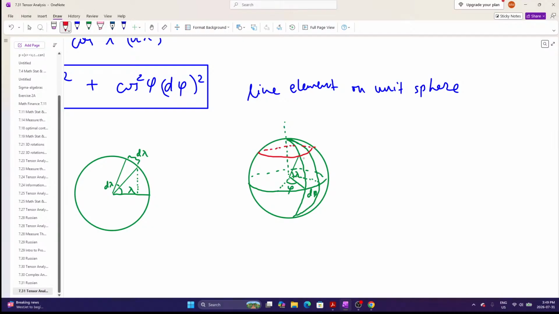This particular piece of arc would be what? Well, this would be cosine of lambda, I believe.